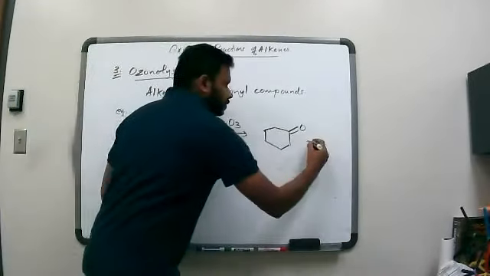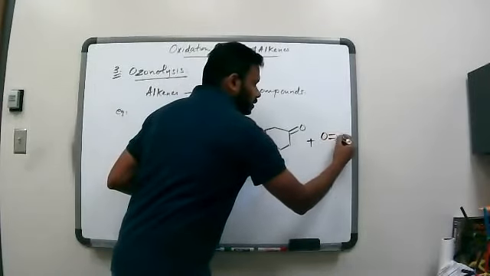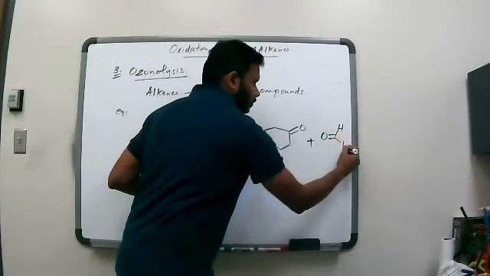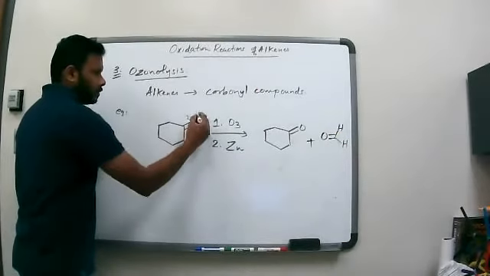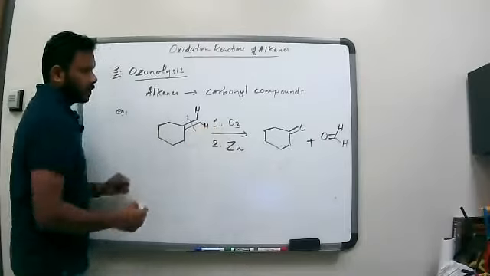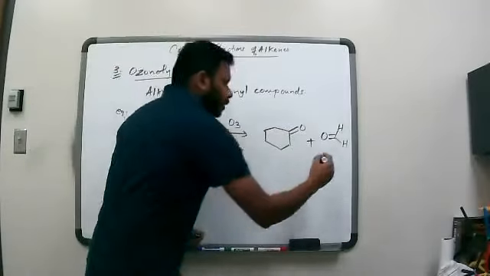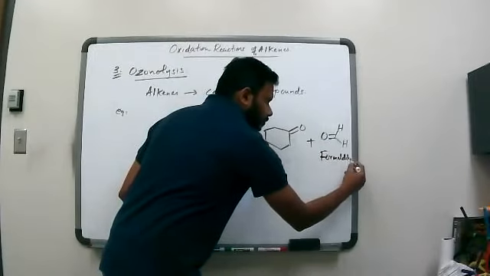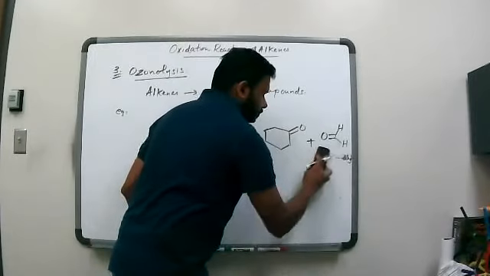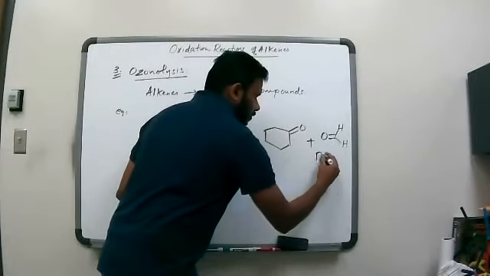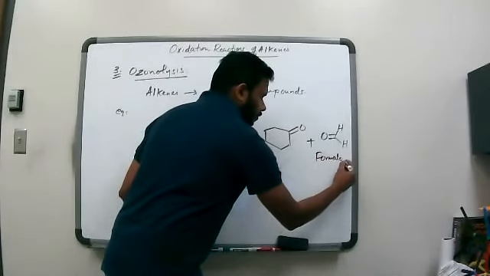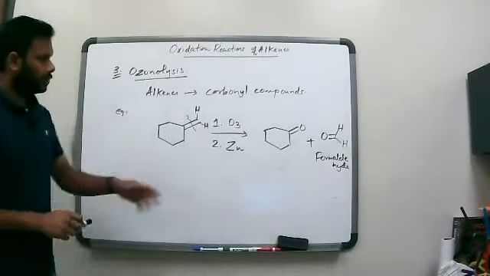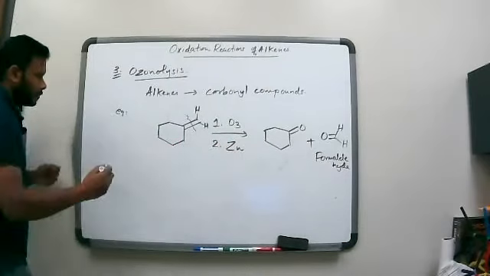I'm going to add an oxygen on the other side. So I should get that aldehyde. There are two hydrogens here. That's the simplest aldehyde that's possible. This is formaldehyde.